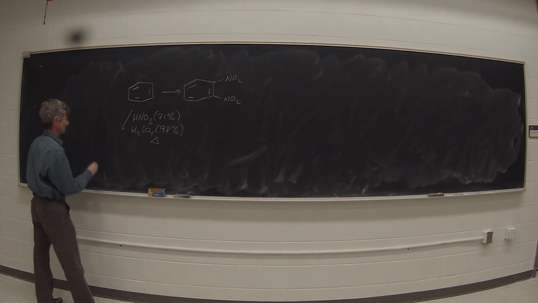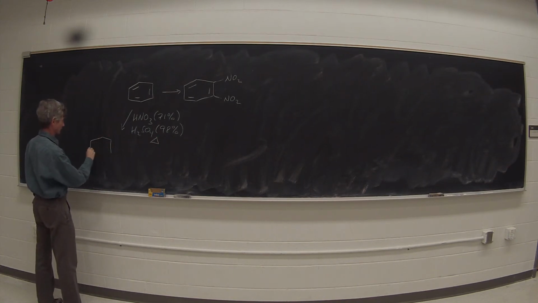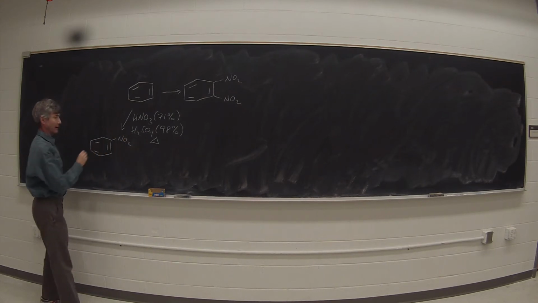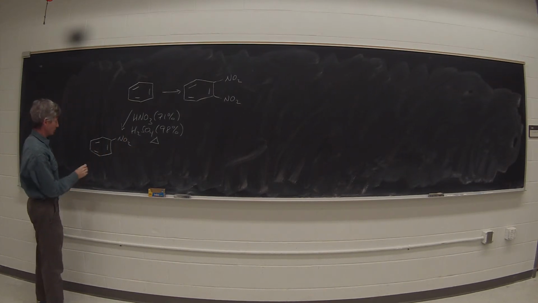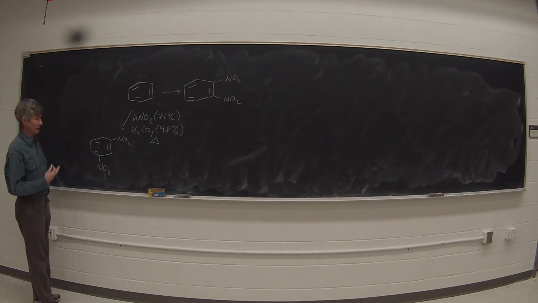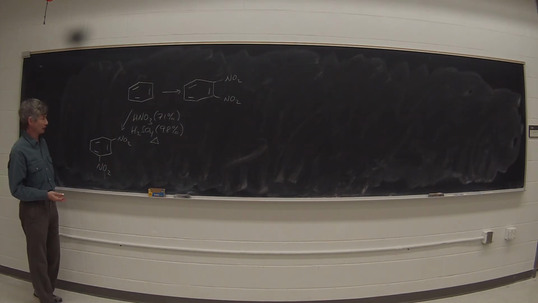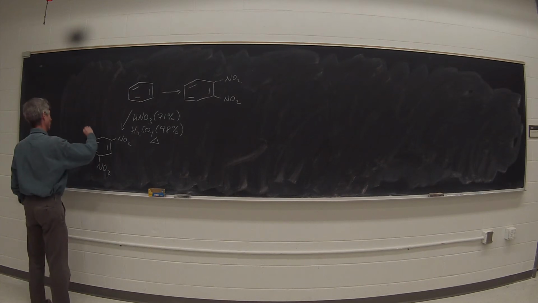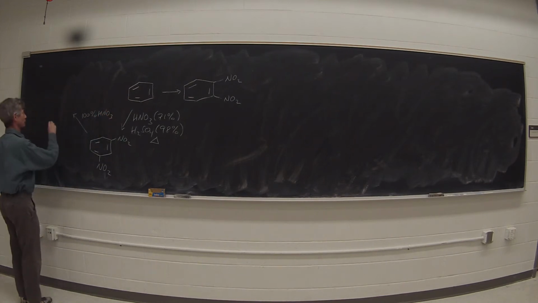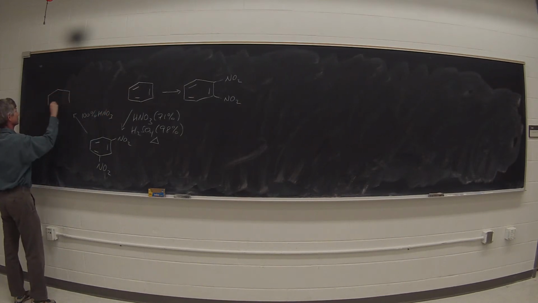And if we heat that up, we will put a nitro group on, and if we leave it for a while and heat it more, we'll put a second nitro group there, and then we could in fact heat it even hotter, although usually it takes 100% nitric acid to put the third nitro group to make trinitrobenzene.